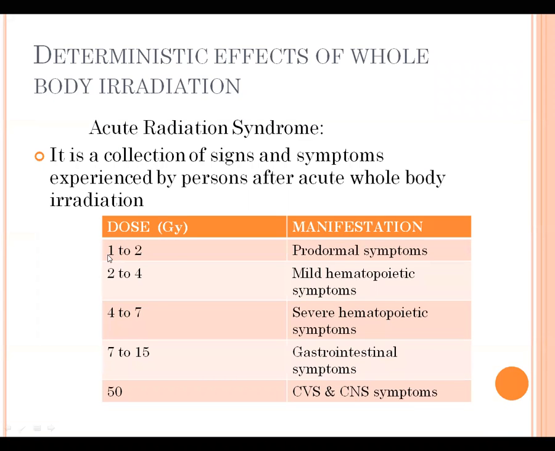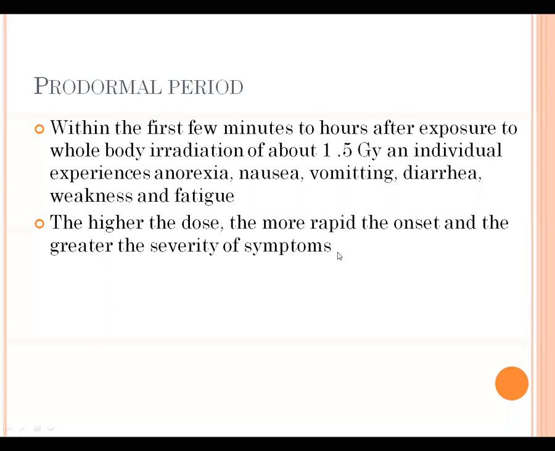So a dose of 1 to 2 grays, you will see the prodromal symptoms. What are prodromal symptoms? What does it mean? Prodromal symptoms are symptoms that occur after the exposure.